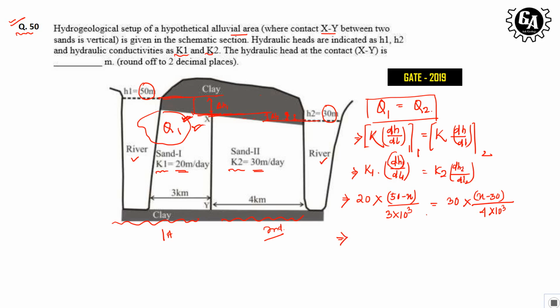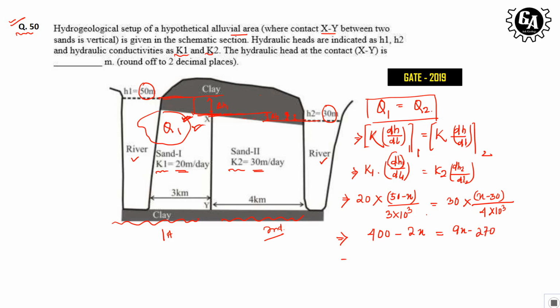If we simplify, then what will be the answer? This will be 400 minus 2x is equal to 9x minus 270.